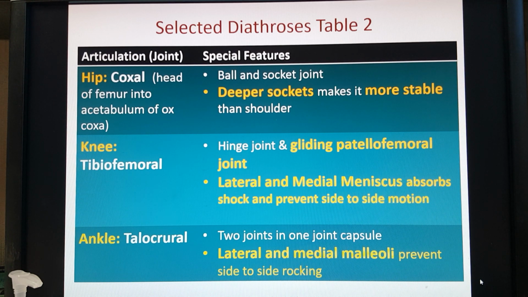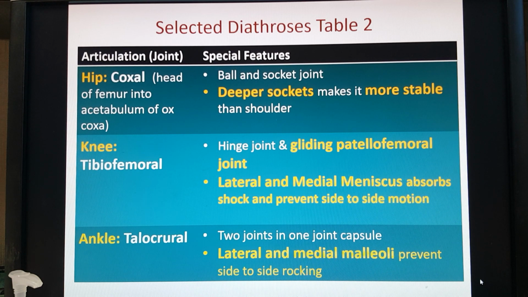Last one is the ankle joint, our talocrural joint. So between the talus, the top part of our tarsal bones in our ankle, and then our tibia and fibula.